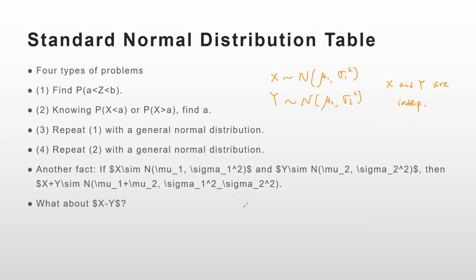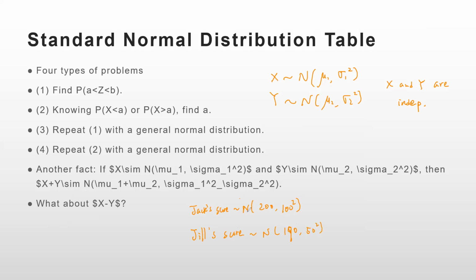Say the scores of Jack follow a normal distribution with mean 200 and some standard deviation. It's probably not the SAT score, but I'm just doing it randomly. And Jill's score is also normally distributed with mean 190 and standard deviation probably 50, variance 50 squared.